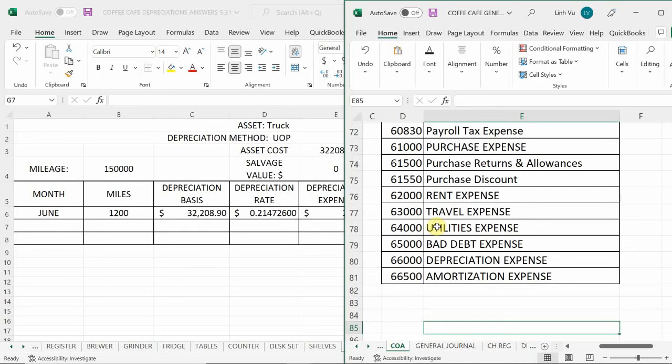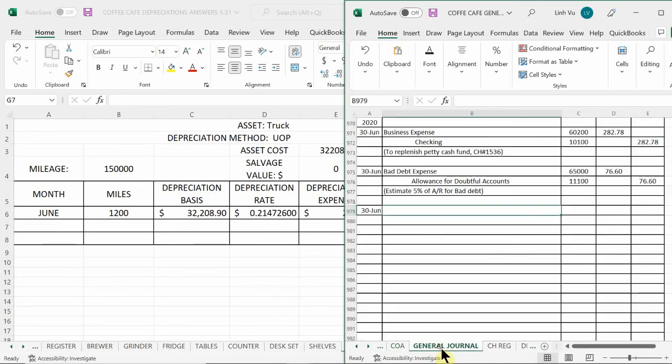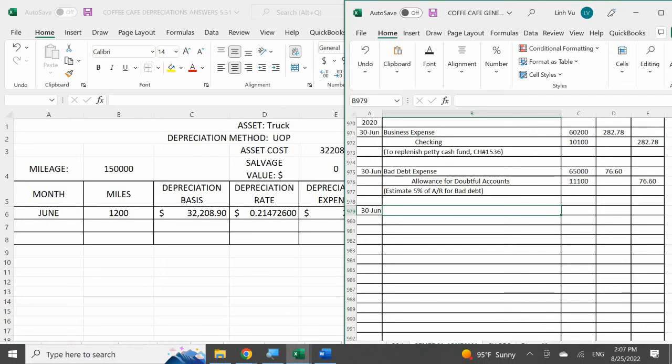Let me put this one first. Depreciation expense, 66,000. That is true. You're depreciating for the month of June, so you are going to have depreciation expense. Now you said accumulated depreciation, right?